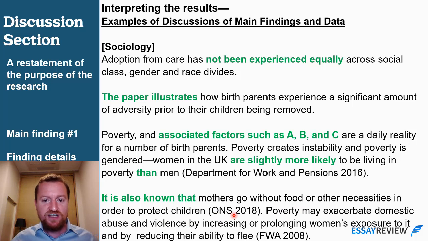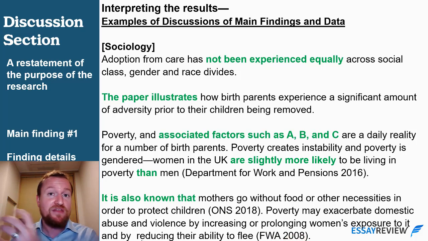So you can see here, as I think I mentioned in the discussion, you can also bring up other studies that support the findings. Not only in the introduction, you can discuss how the literature supports your methodology or gives a context and background.